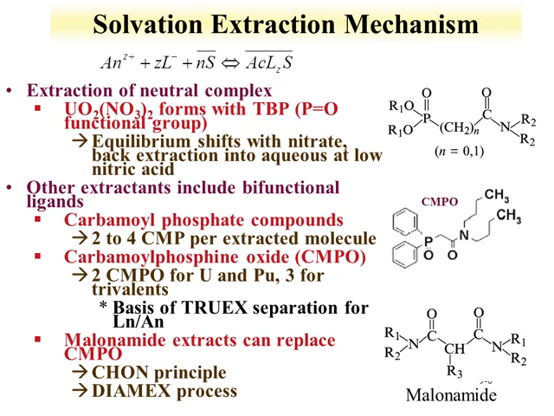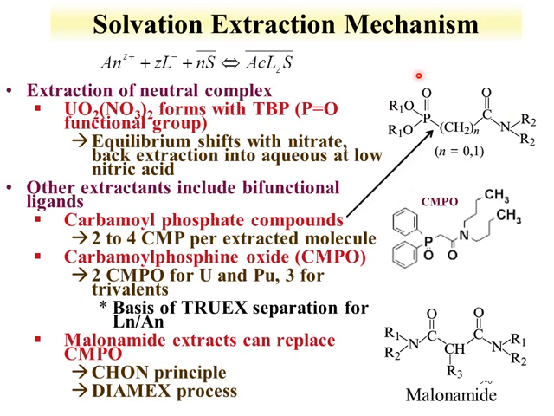And I can shift the equilibrium back to a charged species to back extract the uranium from an organic phase into an aqueous phase. Other extraction ligands that can perform this: carbamyl phosphate compounds, which are shown here.